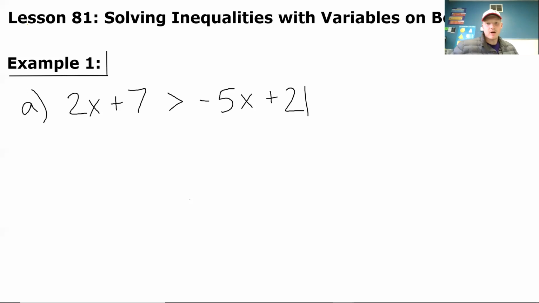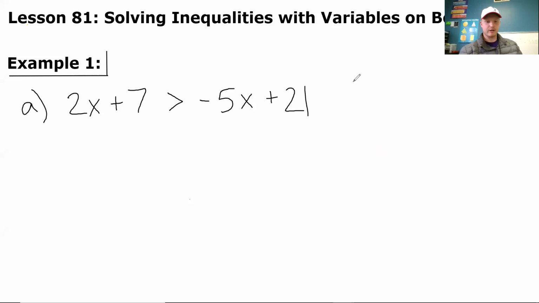Okay, so we are adding like terms here. So either way, you can do this. You can subtract 2x to both sides, or you could add 5x to both sides. Me personally, I would rather do the adding 5x to both sides because I like positive numbers better. So that's what I'm going to do. You can do either way here.